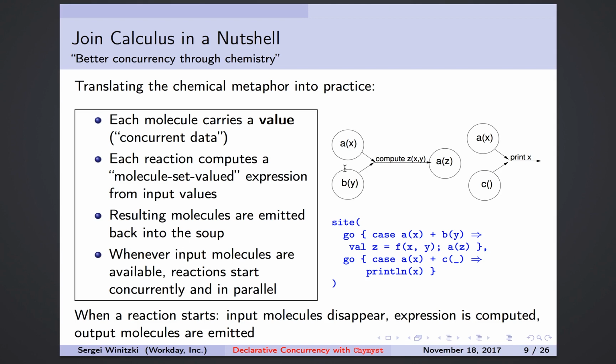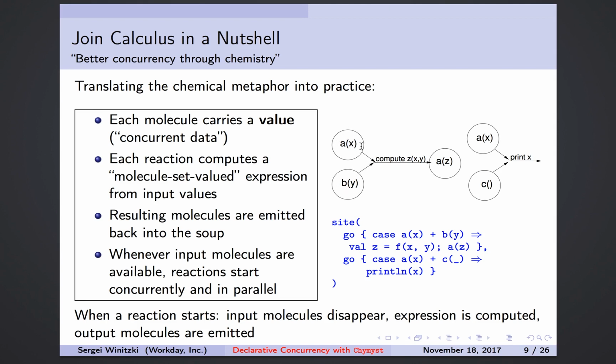So the operational semantics is that when a reaction starts, all the input molecules for that reaction instantaneously disappear. That's an atomic action, so they disappear both at once. So in other words, the runtime system examines what molecules are present in the soup at this time.